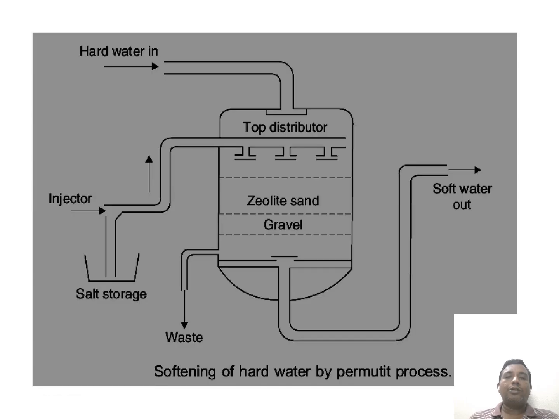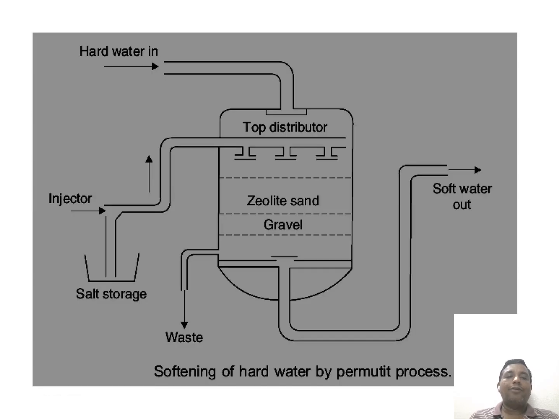The hot water inlet should be at the top, and it should be distributed from the top, with the distributor lines below the top. Below that, the zeolite sand and the gravel are placed at the bottom of the tank. The waste should go out at the bottom and the soft water should be taken out at the top.